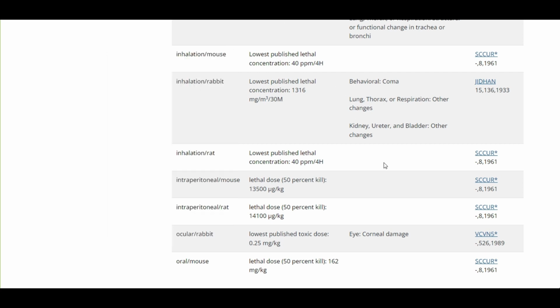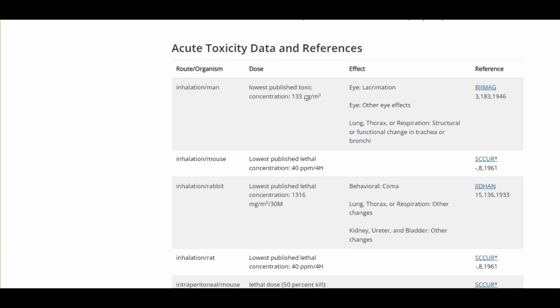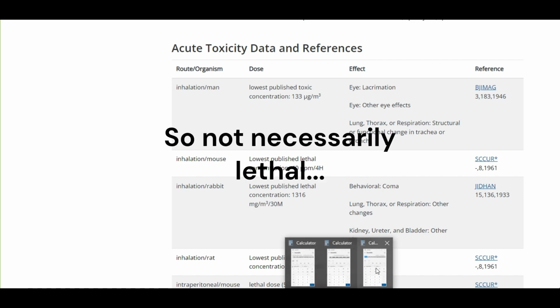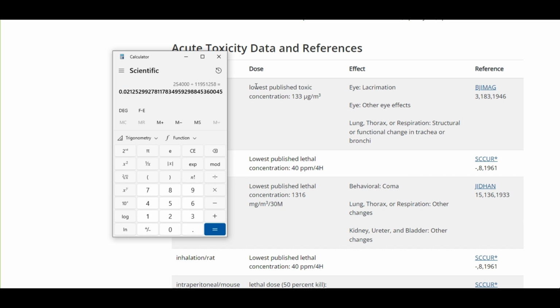And this is what it was for a human being: 133 micrograms per cubic meter of air is the lowest published toxic concentration. Now this number right here, that's the odor threshold. This lowest published toxic concentration is a lot more than that.